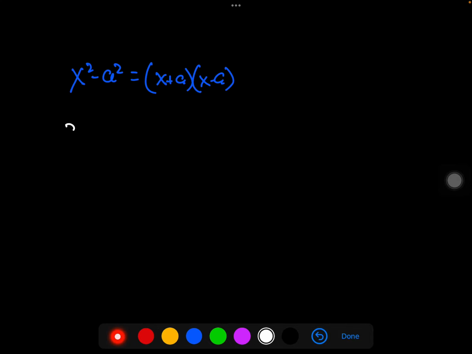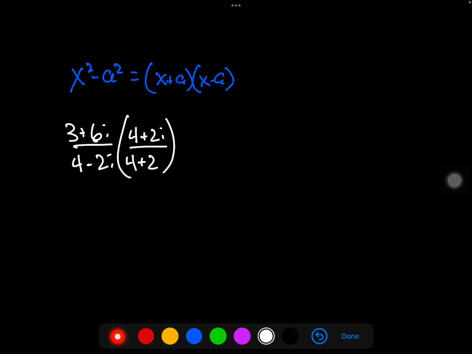Again, we've got a rational expression with complex numbers on the top and bottom. We're going to multiply by the complex conjugate so that we can get a real number on the bottom. When we multiply by something over itself, it's just like multiplying by 1. It doesn't change the actual value of the expression.